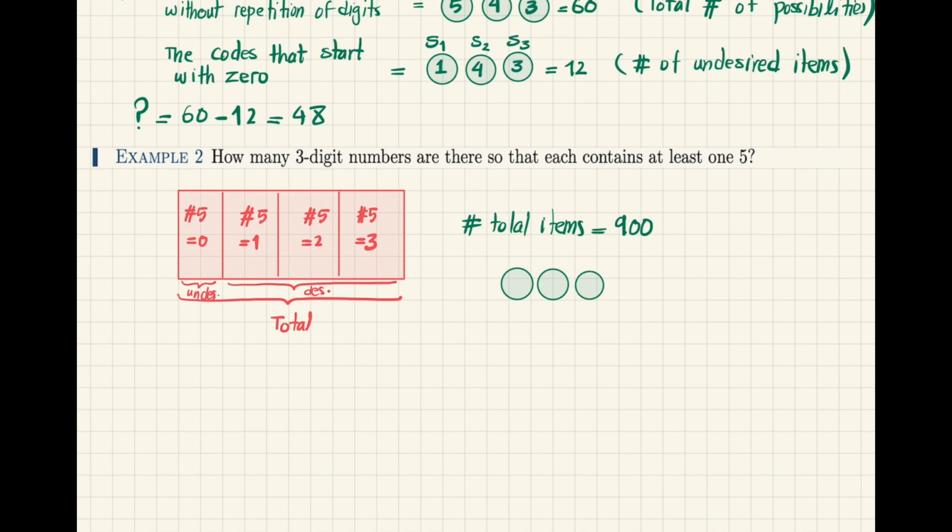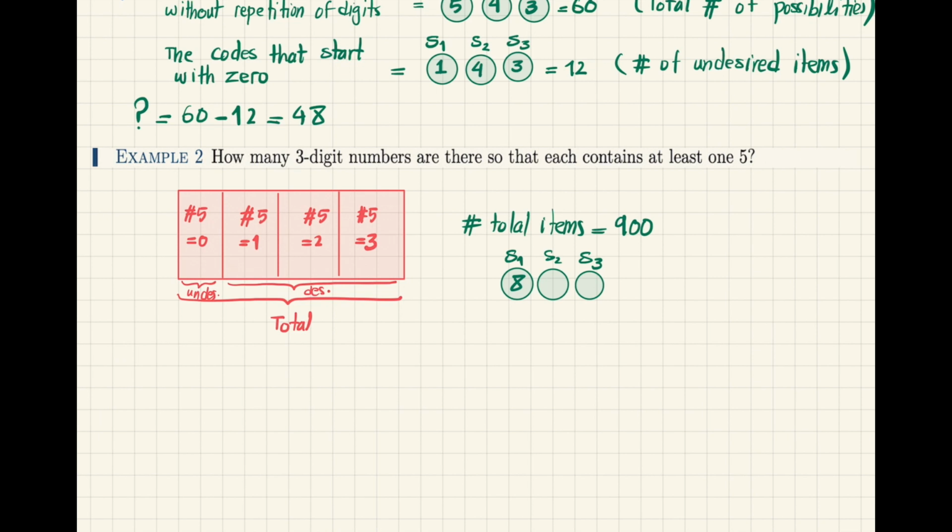Okay, so here how many digits are possible? Let me write the stage 1, stage 2, stage 3. For stage 1, of course, I know that there is no 0 that I can put, and because of this undesired part, I'm not allowed to put 5, so I will have only 8 options available. In the next one, I can put 0, but still I am not allowed to put the 5.